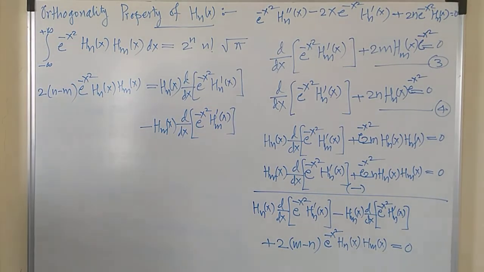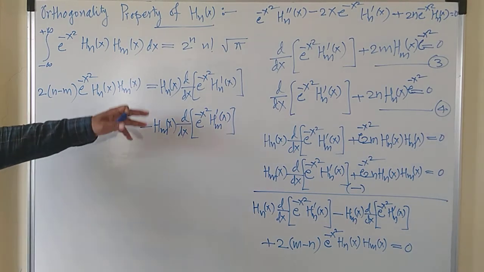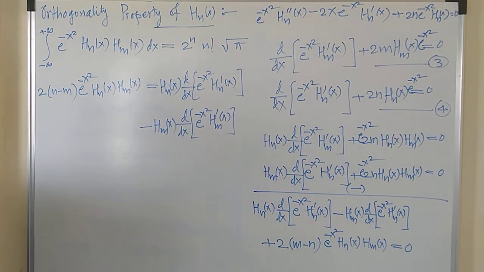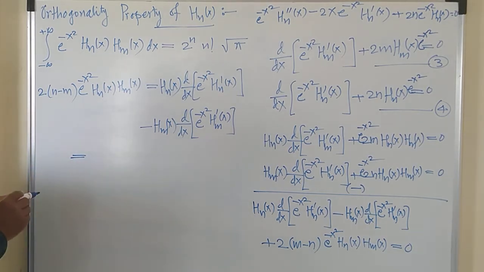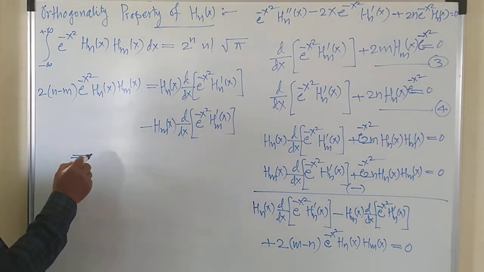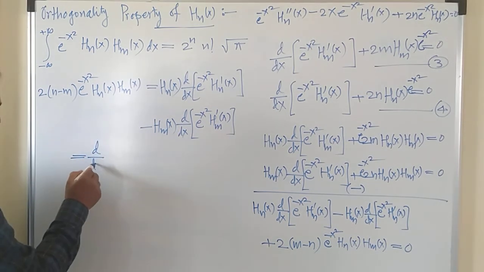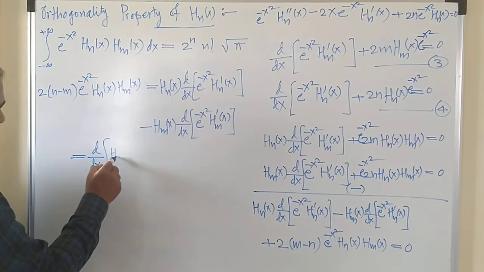We got this, isn't it? Now this right hand side can be written in terms of two functions u and v, and this is equals to, this can be written as differentiation, d dx of Hm of x.